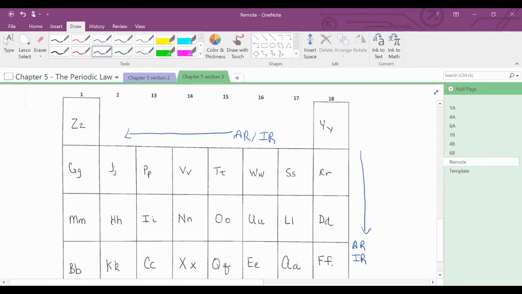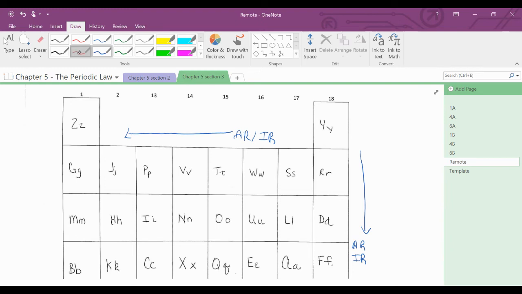Because remember, as we go across left to right, the elements on the right side have a greater positive charge. They're going to pull those electrons toward it. So we see that the atoms get smaller. Okay. So the biggest atoms on the periodic table are going to be the ones in the lower left-hand corner.